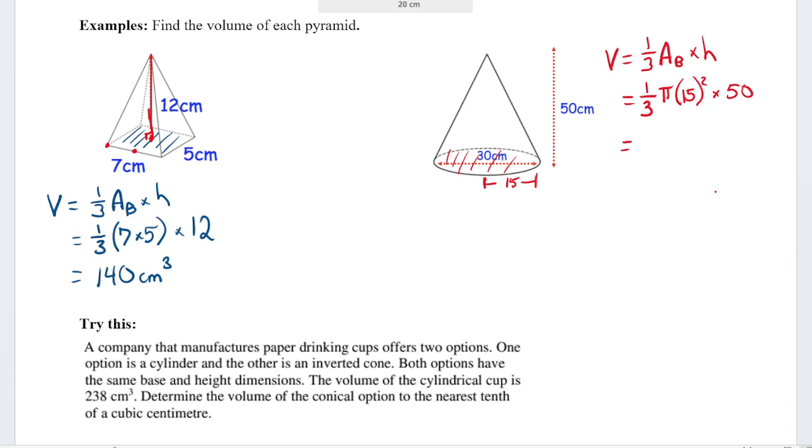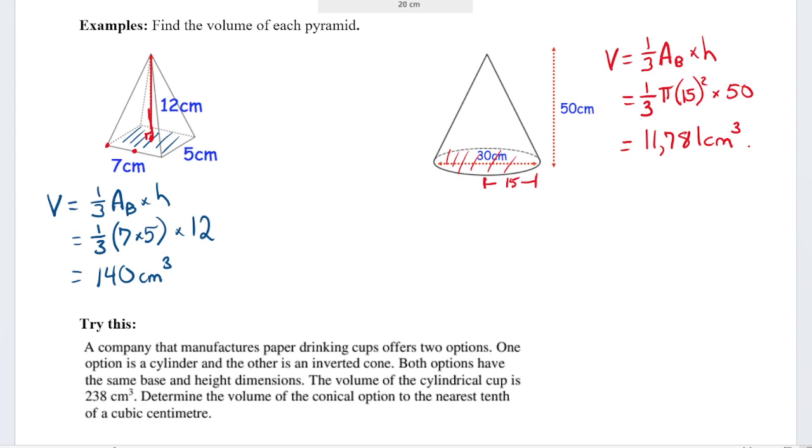I'll work that out. 1/3 pi times 15 squared times 50. And we get, rounded to the nearest whole number, 11,781 centimeters cubed.